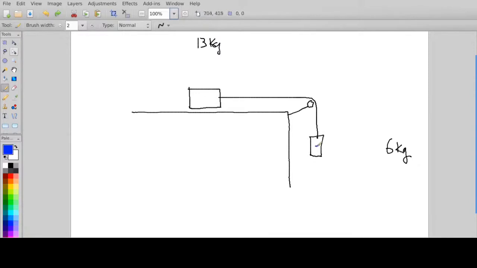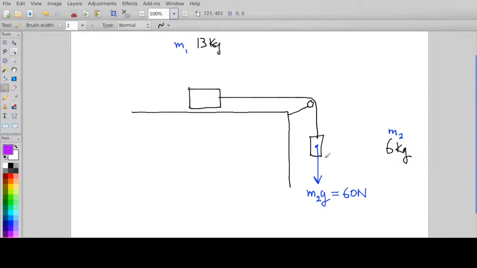The first force that we'll look at is gravity, straight down. It's calculated by mg, but we'll call this one m2g because there are two different masses: this one is m2 and this one is m1. So m2g, and if you multiply 6 times g, rounding g off to 10, that's 60 newtons. And there you go, that's the weight of the box.